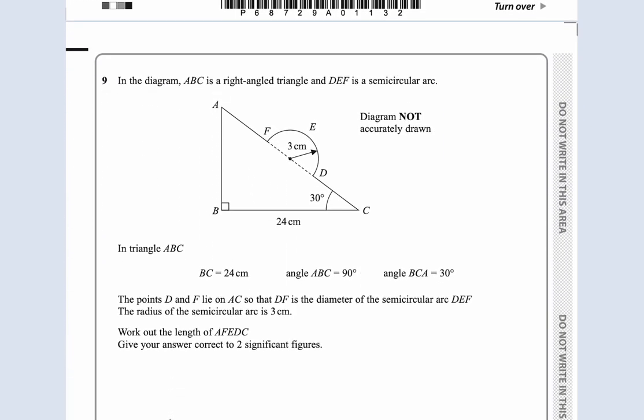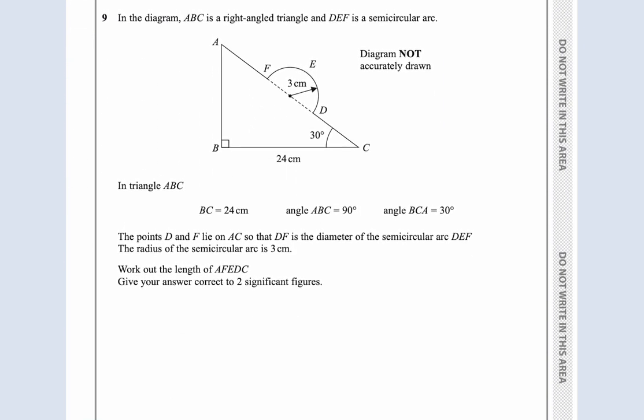Okay, question 9. In the diagram, ABC is a right angle triangle. Okay, so straight away, guys, I'm thinking Pythagoras and I'm thinking SOHCAHTOA. DEF is a semicircle. Fine. These are given. It says work out the length of AFEDC. Okay, so let me just show you what I'm thinking, guys.